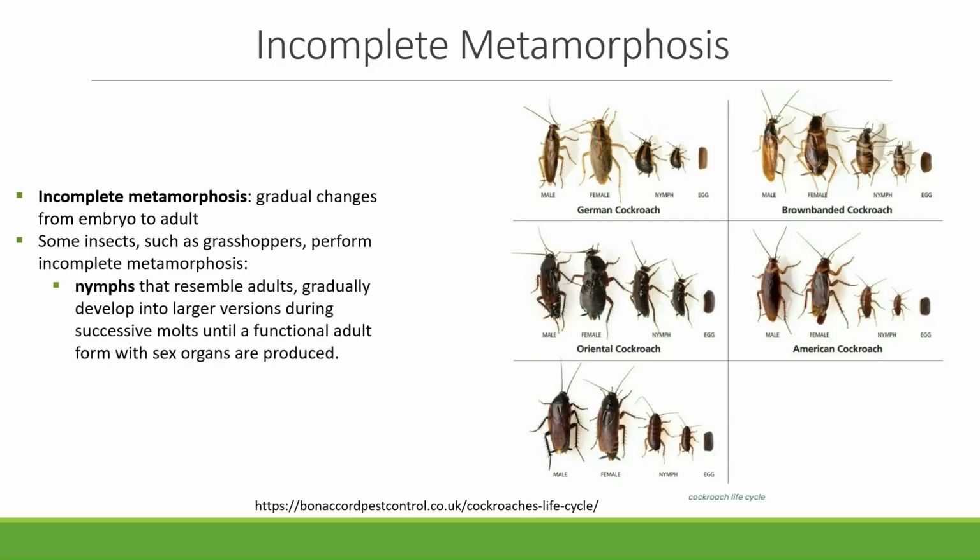These nymphs resemble adults in general body structure, but are smaller and lack mature reproductive organs and wings. As the organism grows, it undergoes a series of molts. Each molt produces a slightly more developed form. Over time, these gradual changes lead to the fully functional adult stage. Because the basic body architecture is present from early development, the transformation is progressive rather than dramatic.